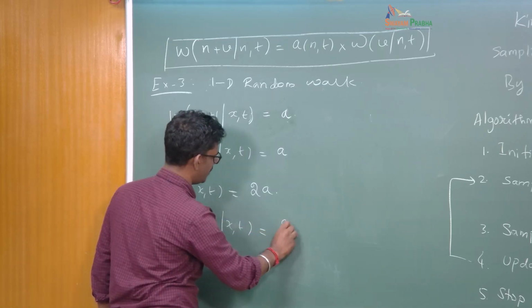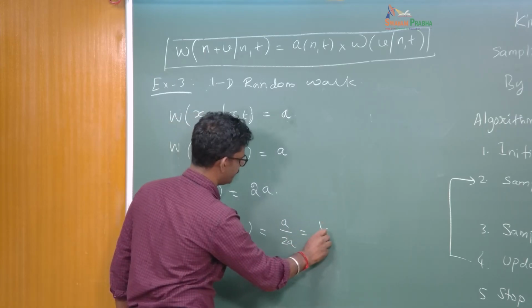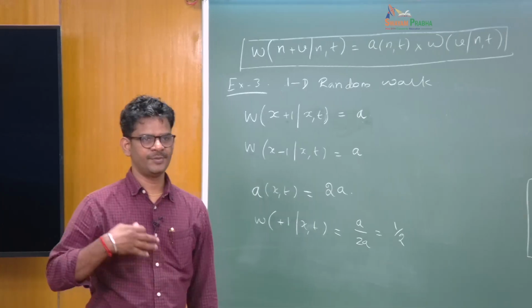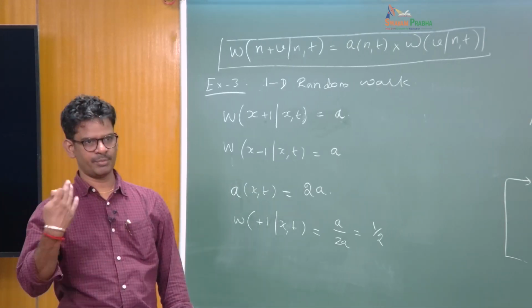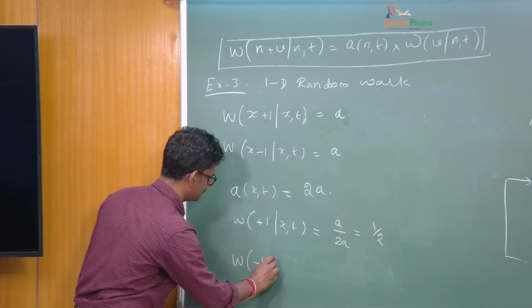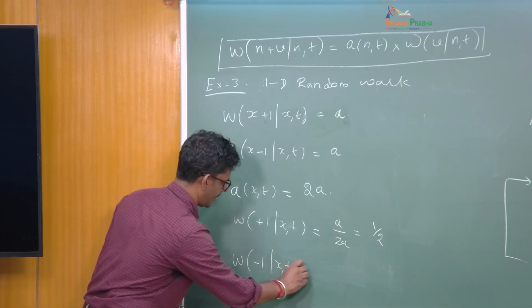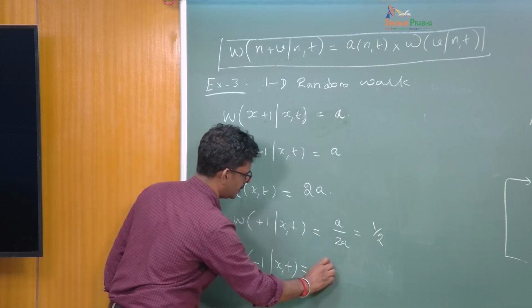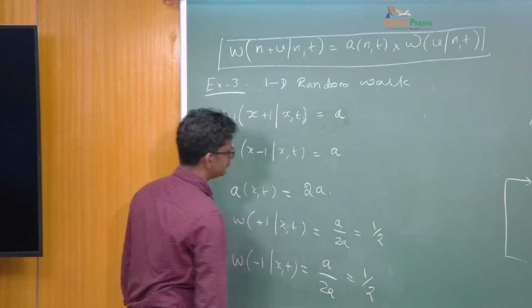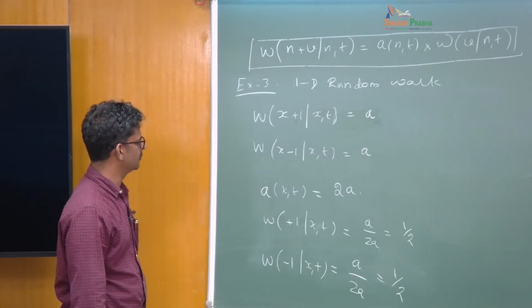So, that would be a by 2a, which is 1/2. This is what you would intuitively expect, that it has a 50% chance to go forward and 50% to go backward. So, that is what we are establishing here. A divided by 2a, so simply 1 by 2.